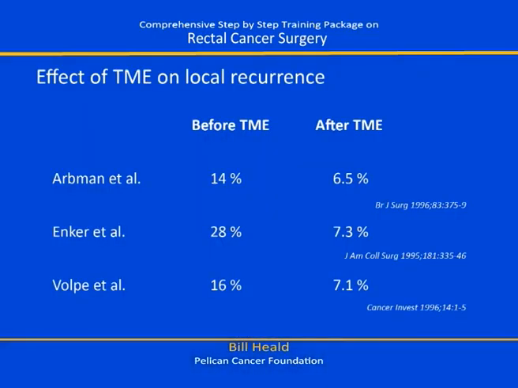Perhaps the most spectacular first effects of all these efforts at workshops, practical video-based workshops, was from Sweden. Gunnar Ahlberg from central Sweden did a thesis and showed a substantial impact in halving from 14 to 6.5% the local recurrence rate from workshops in central Sweden.